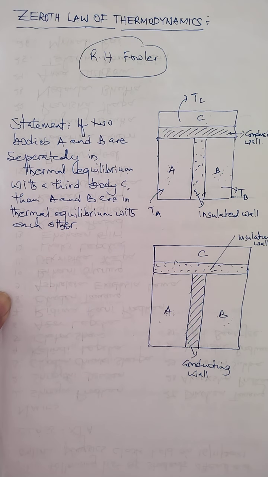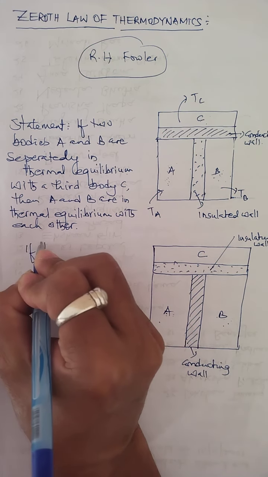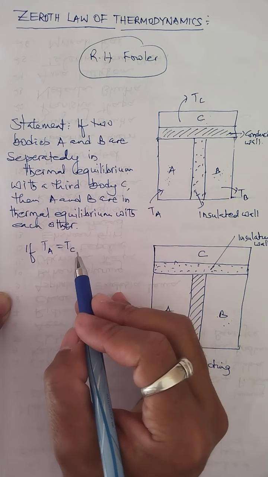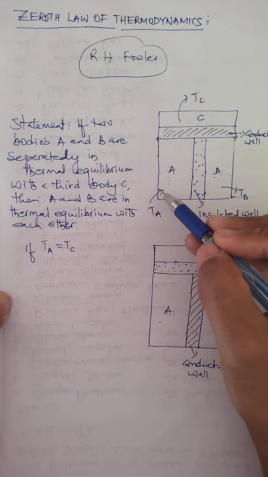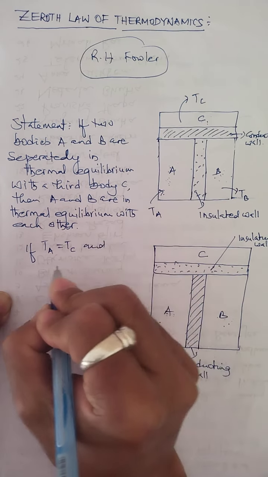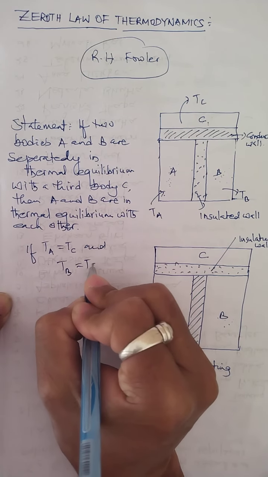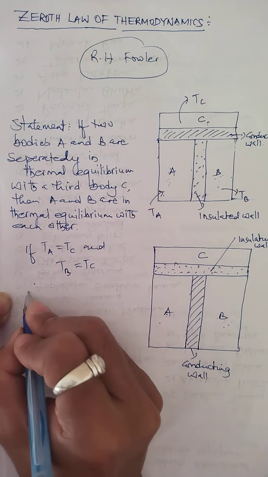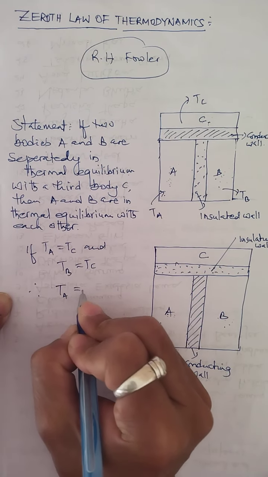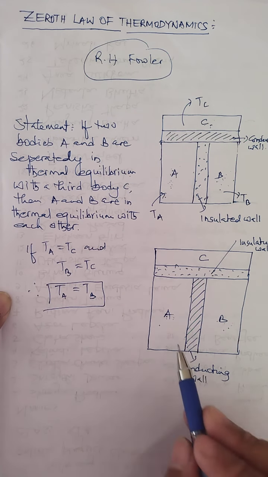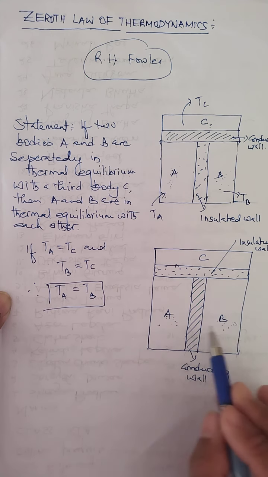So as per the statement, if temperature of A equals temperature of C, it means body A is separately in thermal equilibrium with body C, and if temperature of B equals temperature of C, it means body B is also separately in thermal equilibrium with body C, then zeroth law says that temperature of A is also equal to temperature of what? B. Means the two bodies are also in thermal equilibrium with each other.